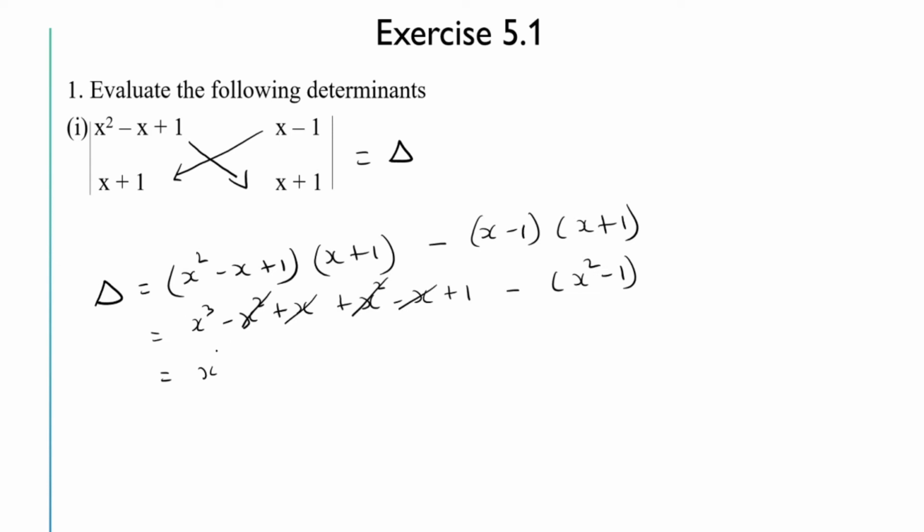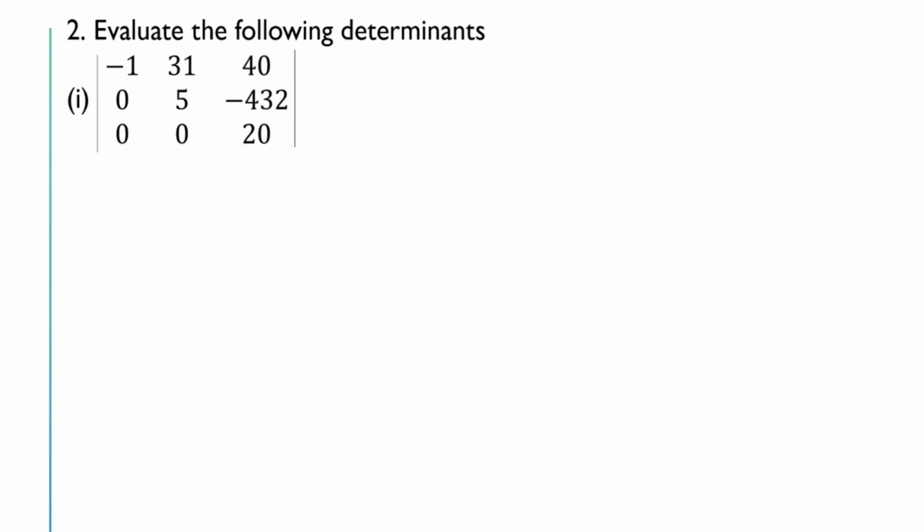So we get x cube plus 1 minus x square plus 1. So this is equal to x cube minus x square plus 2. So this is the determinant, the given determinant. The next question, we have to evaluate this.